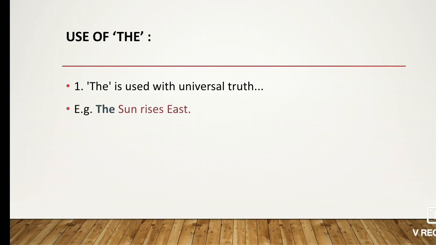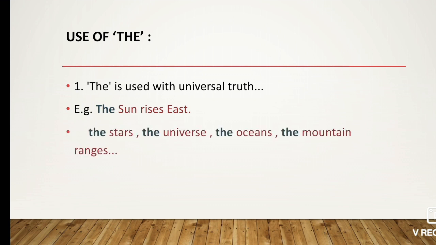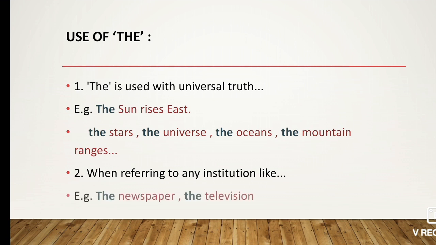The sun is a universal truth, so we can use the article the before this word. The sun rises in the east. The stars, the universe, the oceans, the mountain ranges. Second, when referring to any institution, for example, the newspaper, the television.